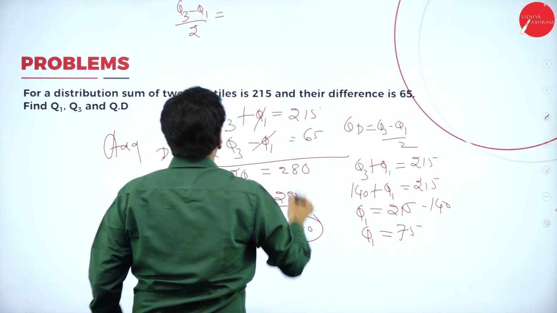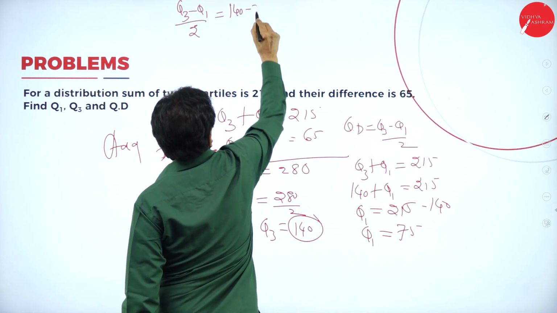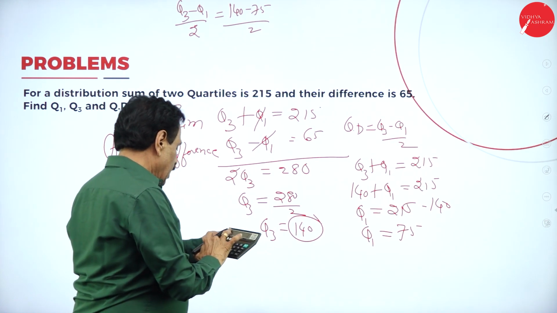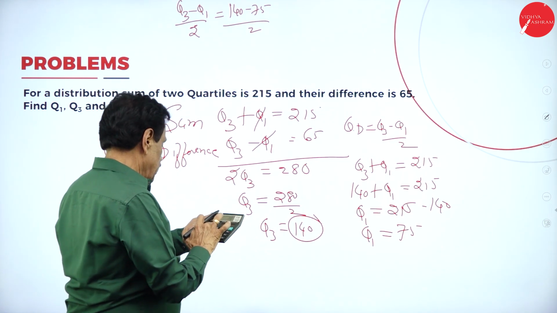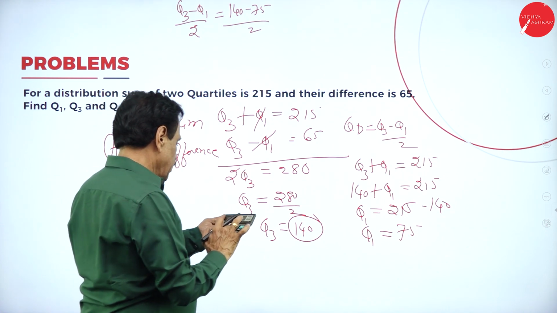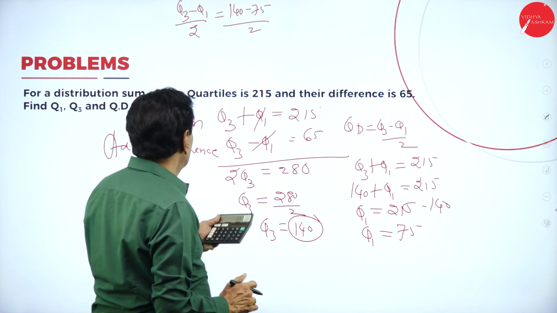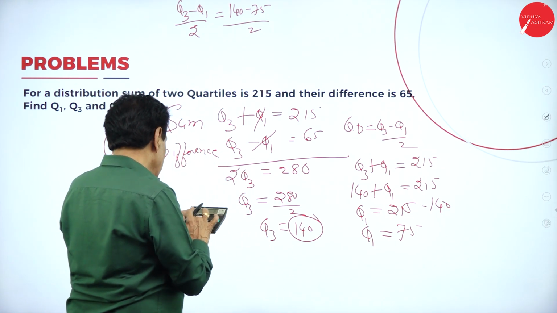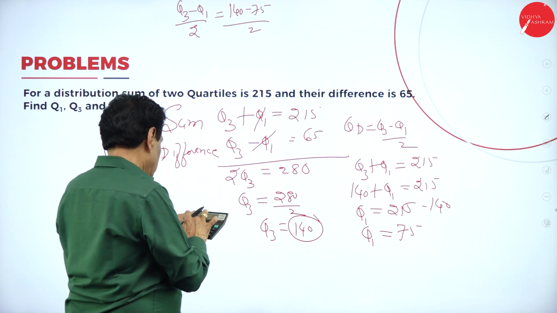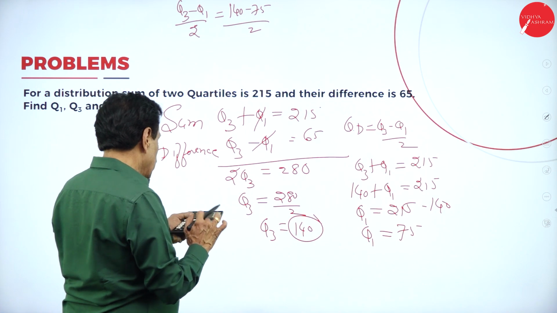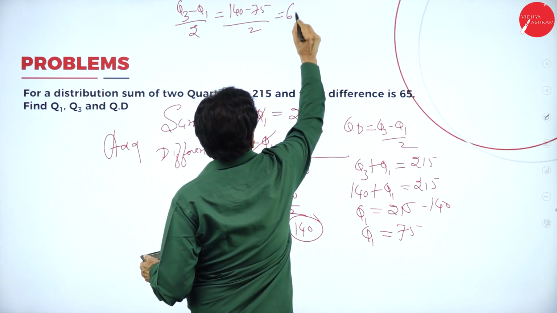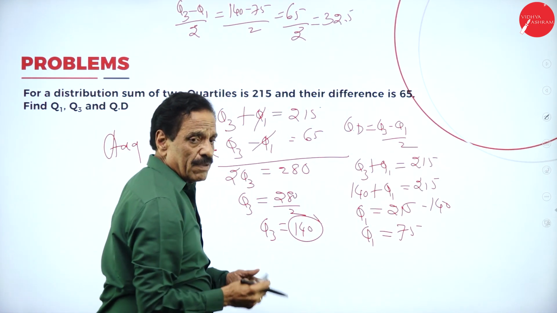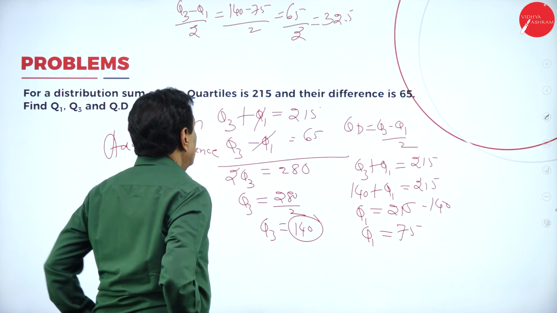What's your Q3? 140 minus 75 divided by 2. 140 minus 75 is equal to 65, divided by 2 is equal to 32.5. What is 32.5? Your quartile deviation.